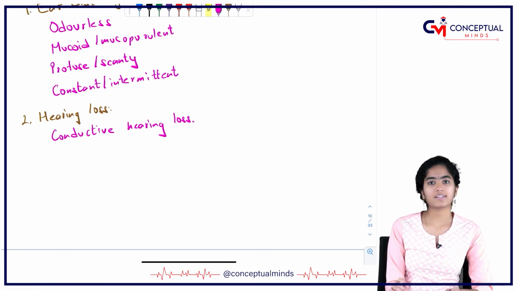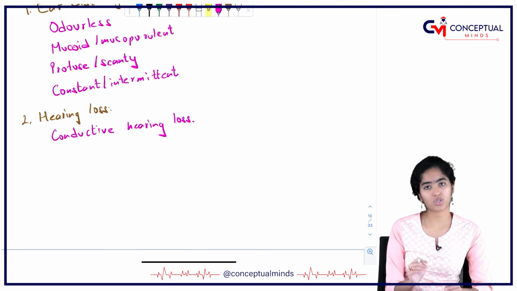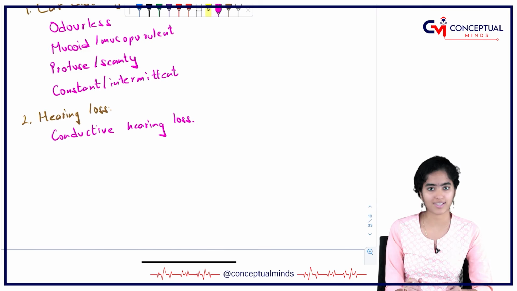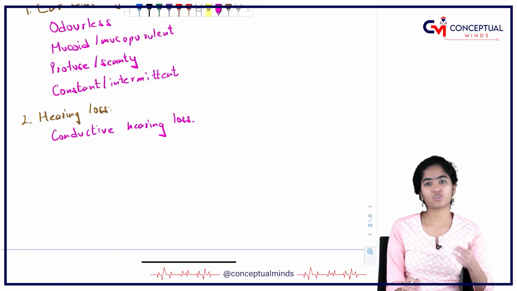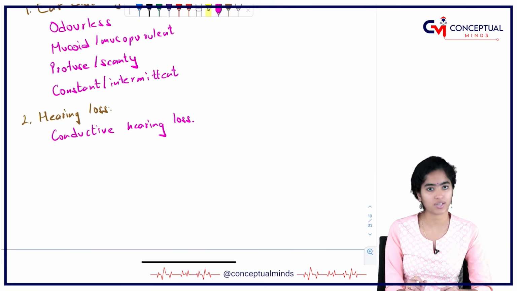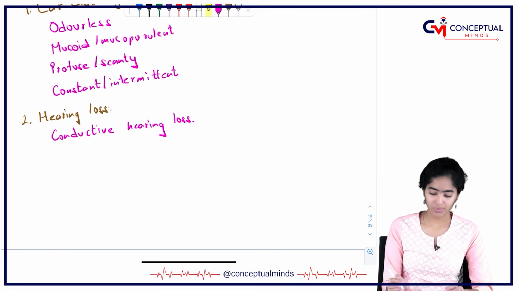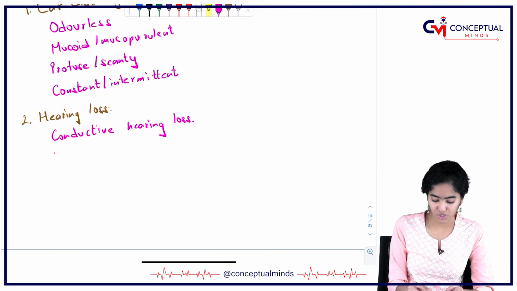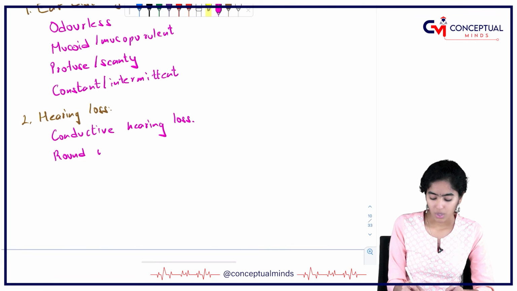Because in the dry state, the sound waves reach both the round window as well as the oval window because of disruption of the middle ear structures. And when the sound waves parallelly reach the oval window and the round window, they cancel each other and the patient cannot hear. But when a discharge is present, the round window is shielded. We call this the round window shielding effect. When the round window is shielded, the sound waves only reach the oval window and the hearing is better.